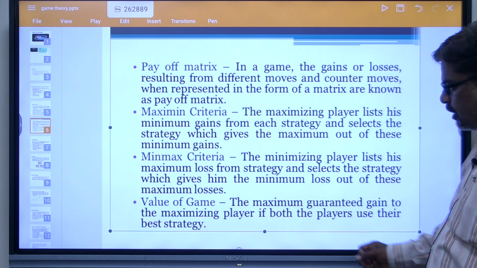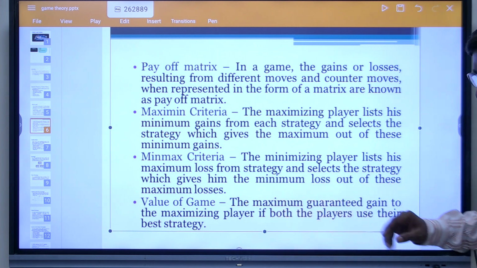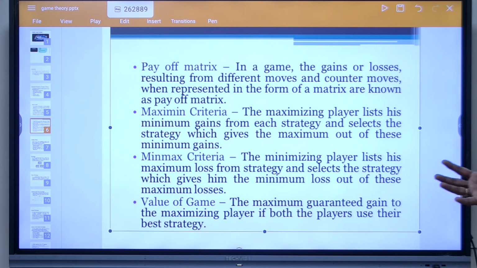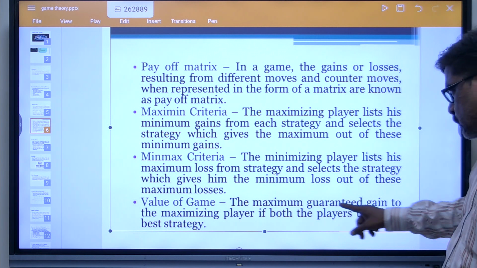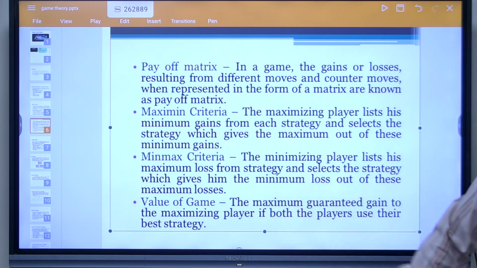One more thing is the solution of the game, that is the value of the game. In a zero sum two player game, one player's loss is the gain of the other. In this, the maximum guaranteed gain to the maximizing player, if both players use their best strategies.